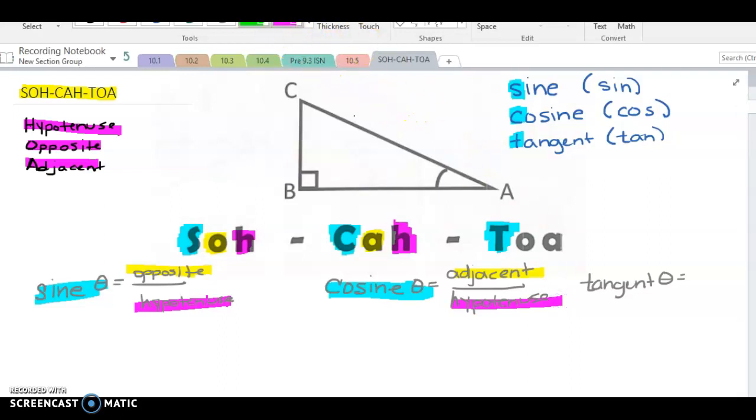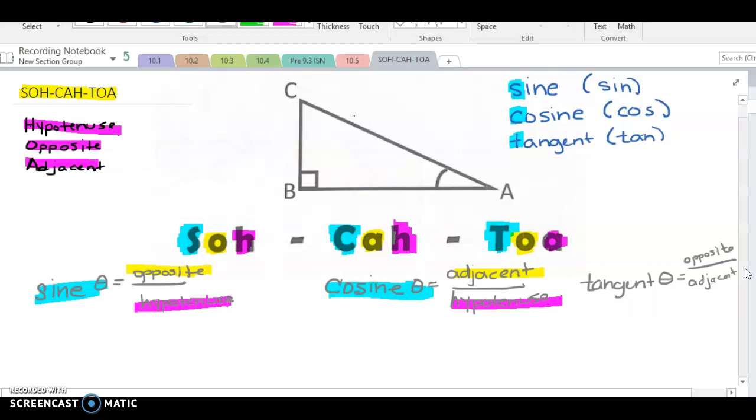And now the tangent of theta is going to be O, which stands for opposite, over the A, which stands for adjacent.